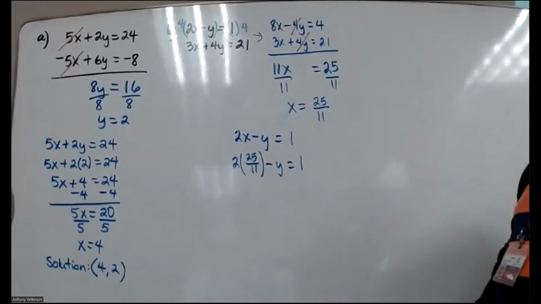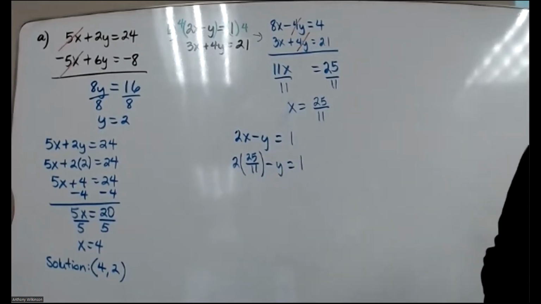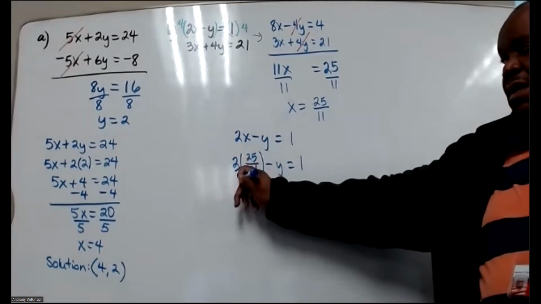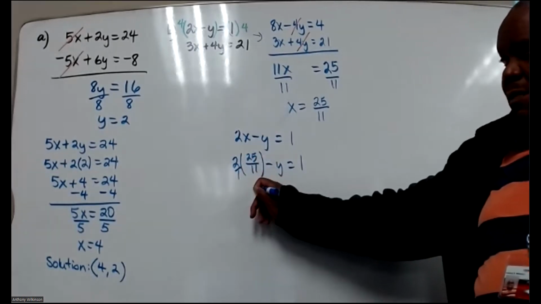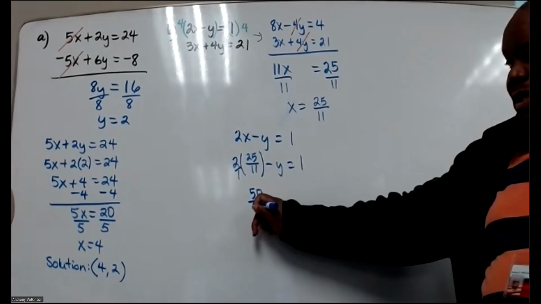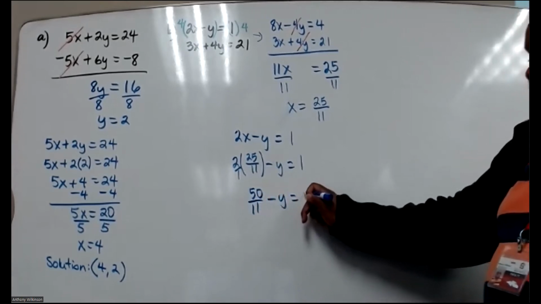So I get 2 times 25 over 11 minus y is equal to 1. And if I put that 2 over 1, 2 times 25 will be 50 over 1 times 11 will be 11. So it'll be 50 over 11 minus y is equal to 1.